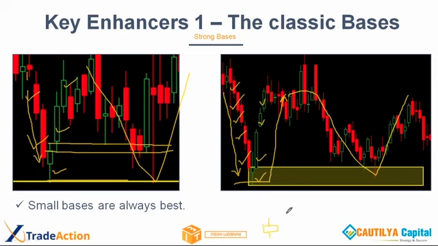A base candle can be an ERC or an NRC, but a narrow range base candle is a perfect base candle, while an extended range base candle is a bad base candle.